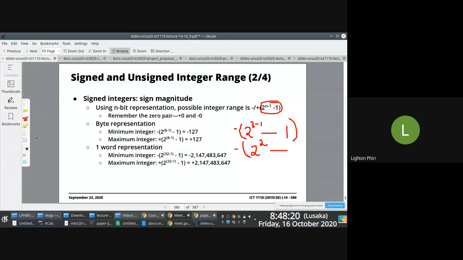Hey, are you still there? Yes, sir, on the illustration. Just go back a bit, the spreadsheet. Just give me a second here. 3-bit representation.